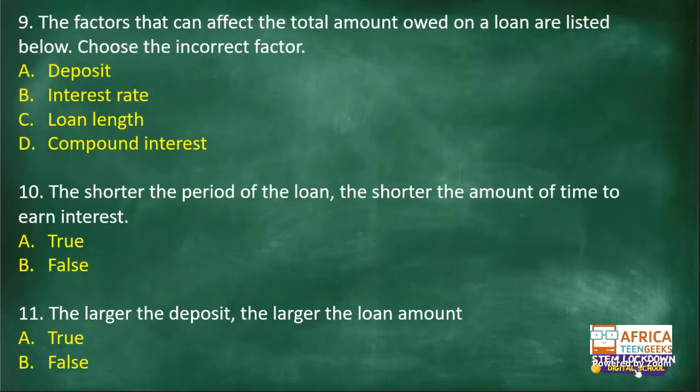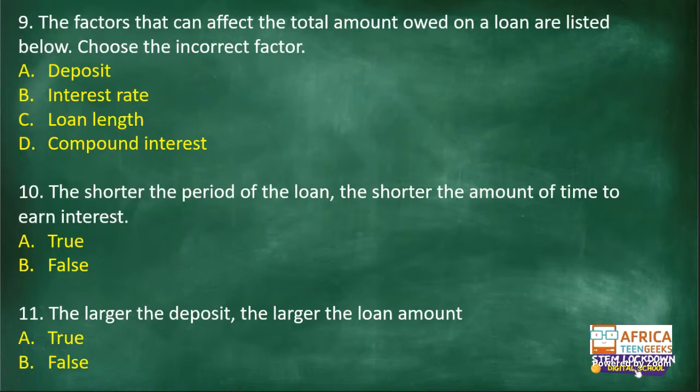And of course, the factors that can affect the total amount owed on a loan are listed below. You need to choose which is the incorrect, not the correct, which is the incorrect factor. So there are different factors that can affect the total amount that is owed on a loan.